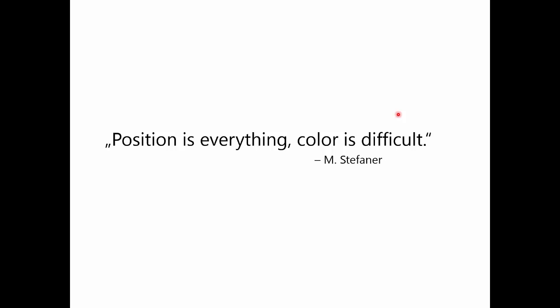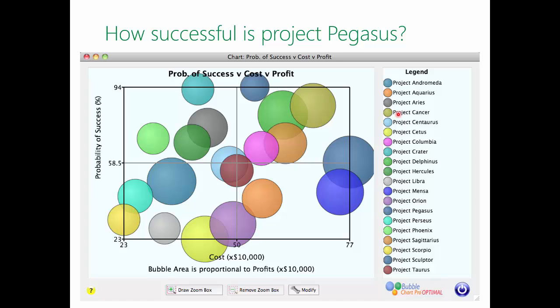For example, if I ask you, how successful is Project Pegasus here? To answer this question, what do we have to do? First of all, we have to look for Pegasus here. So I need to actually read through all the labels like this, and I need time for this.